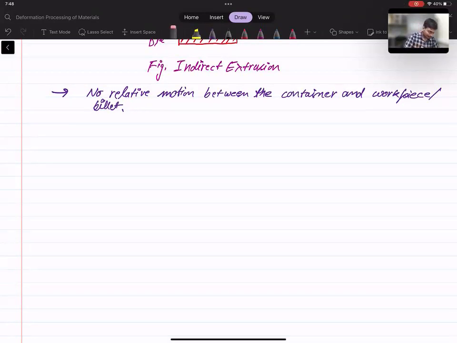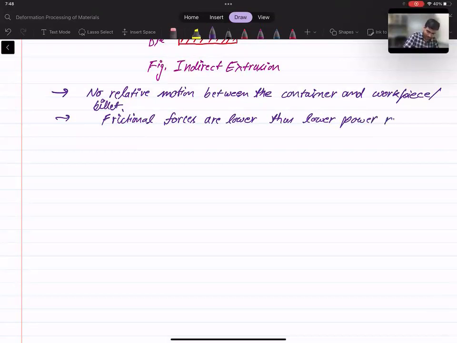Okay, so frictional forces are lower. Thus, lower power is required as compared to the direct extrusion process.